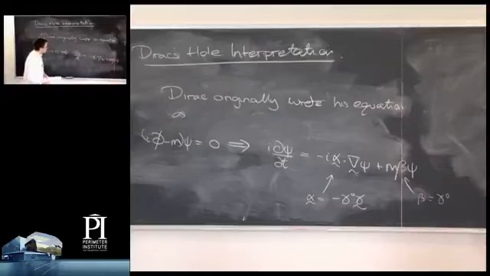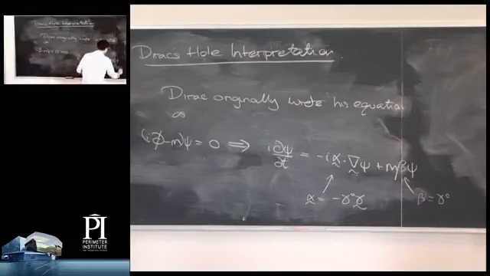Okay, so often in textbooks, it's written in the following way. These alpha matrices are just gamma 0 times our gamma matrices, and this beta matrix is just gamma 0.